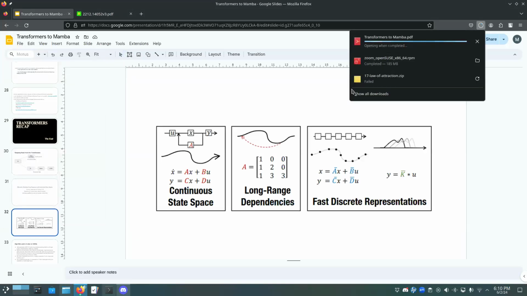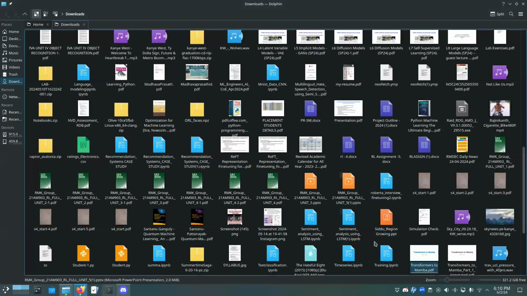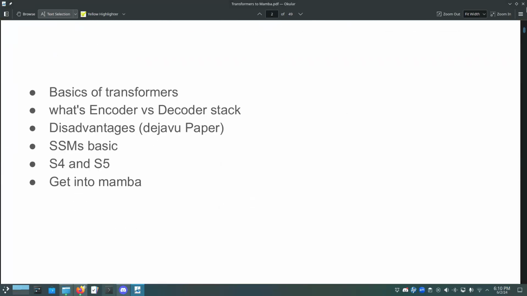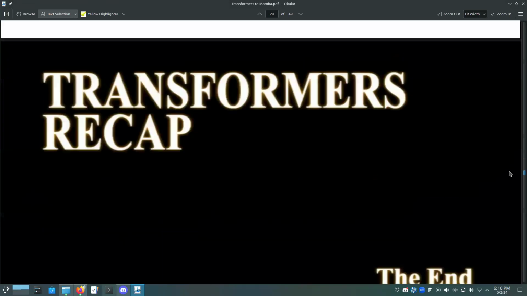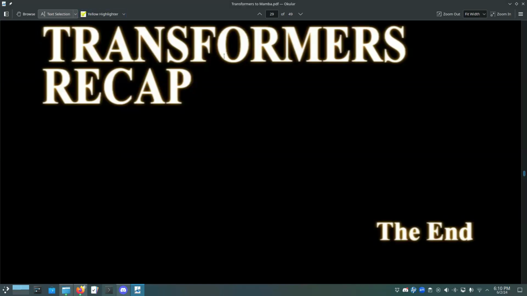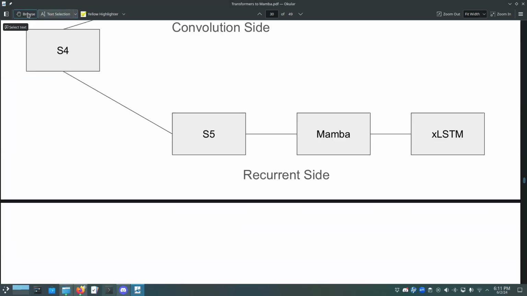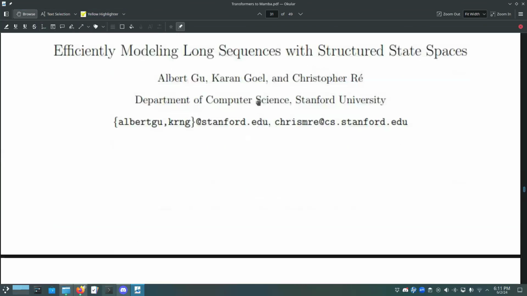I want to annotate it, it will be more intuitive. Yeah, that's the best.